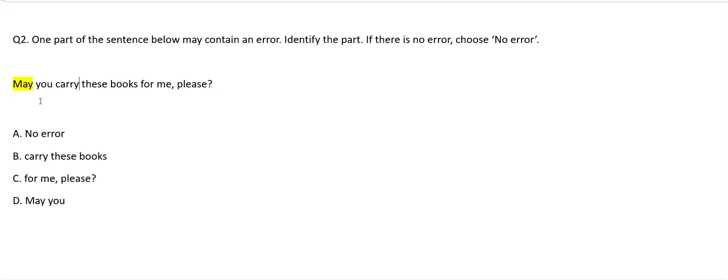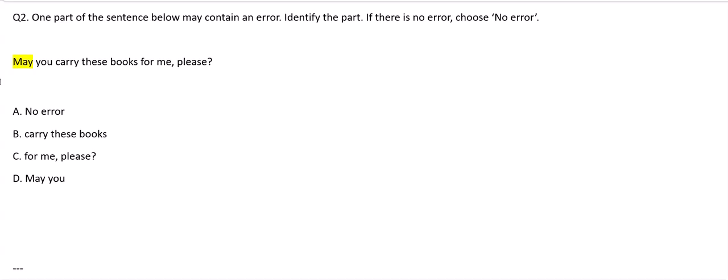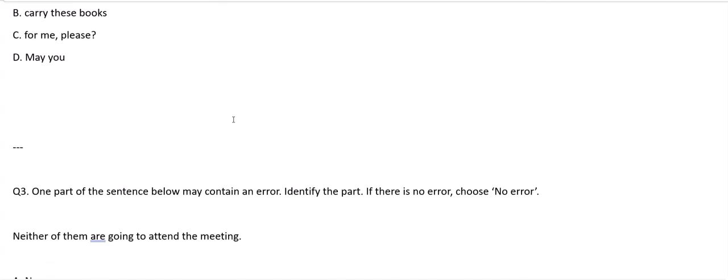Now I think you have understood when we have to use may and when we have to use can. Hence, you can know from the options that may you has the error. It should be replaced with can you or could you. Okay, let's move to the third question.